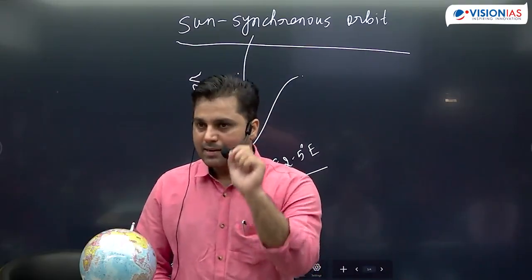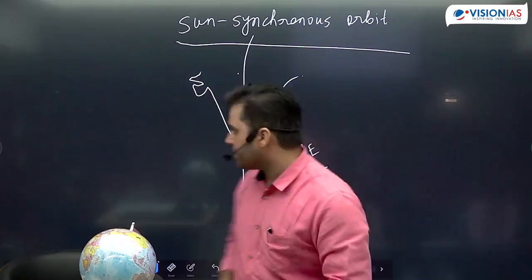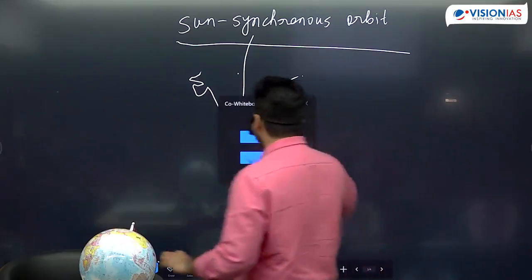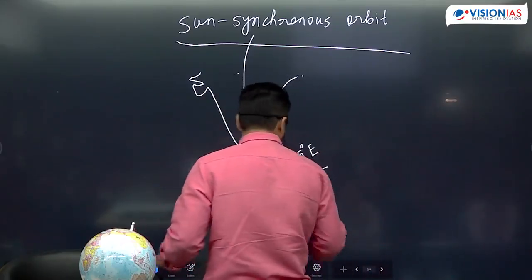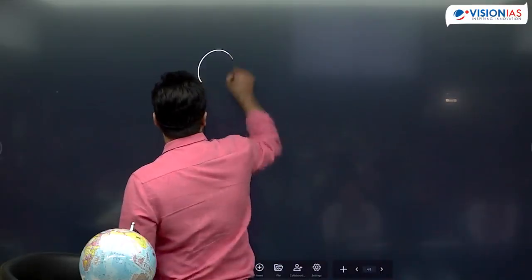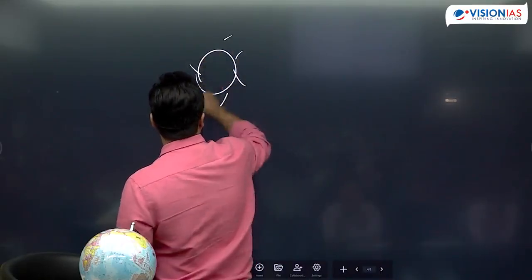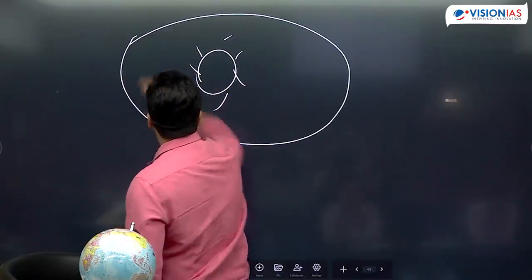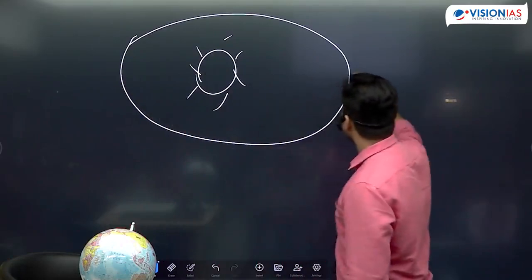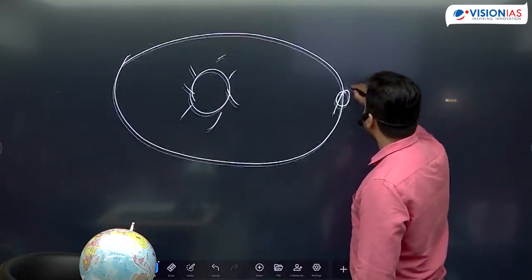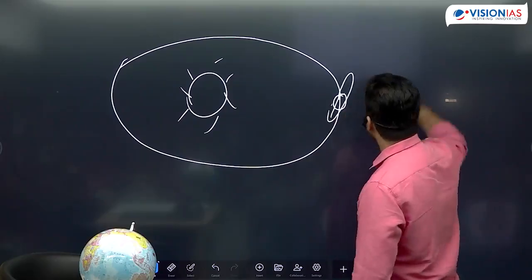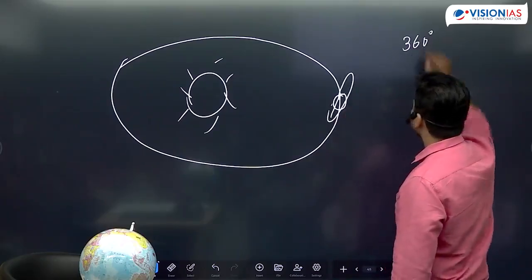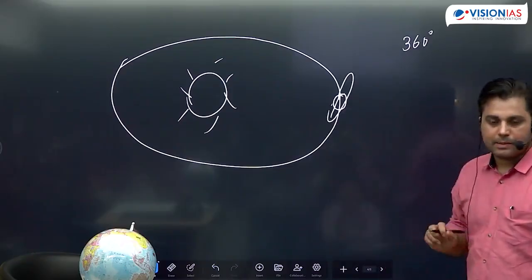In fact, I can tell you the angular change in position. Earth is revolving in an orbit, and one complete revolution is how many degrees? 360 degrees. One complete revolution का तो यही मतलब होता है ना.